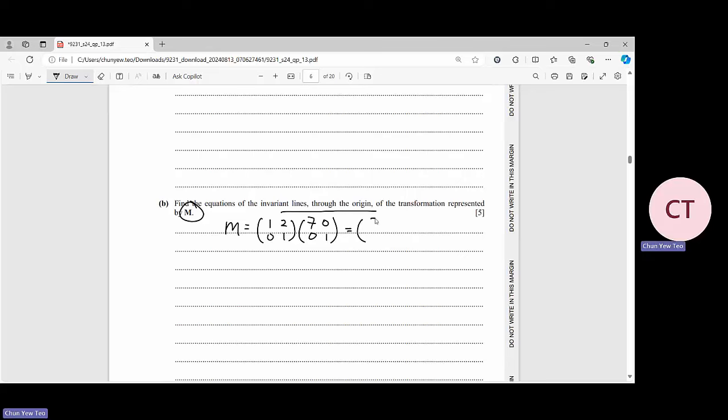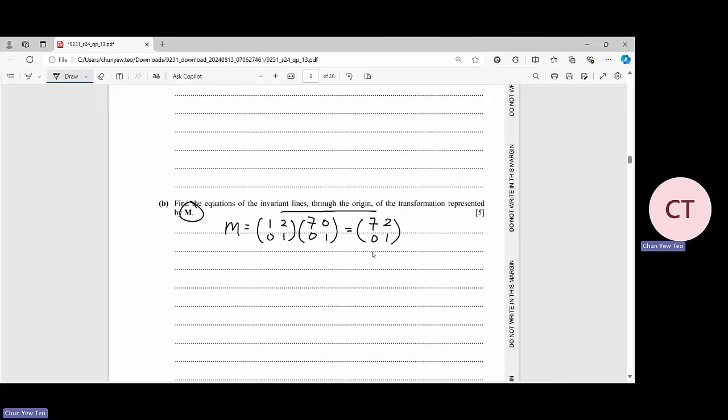So you get this one as a 7, 0, and then 7, 0, and then 2, 1. Okay, correct. So this is the product for the two matrices over here.